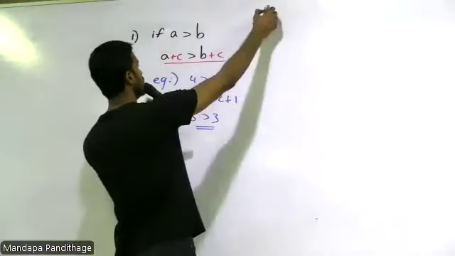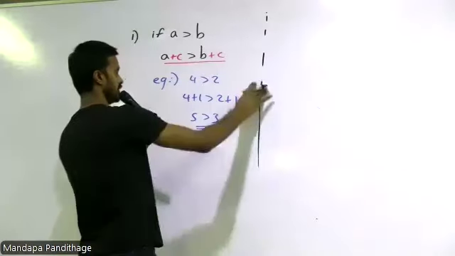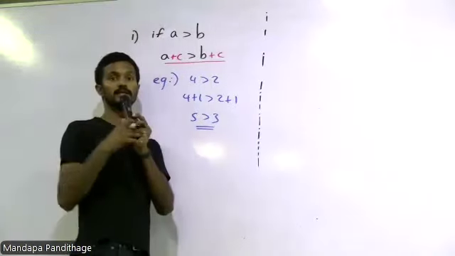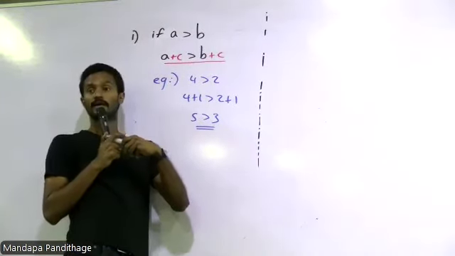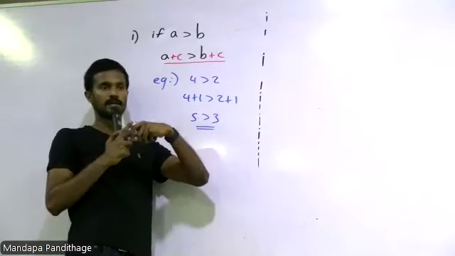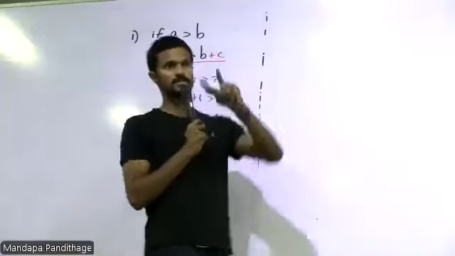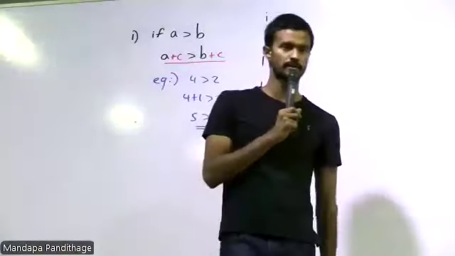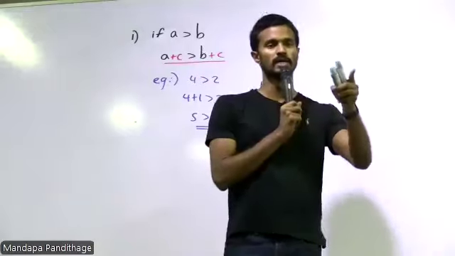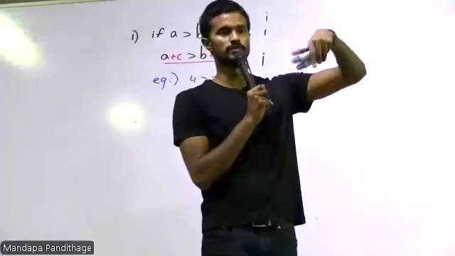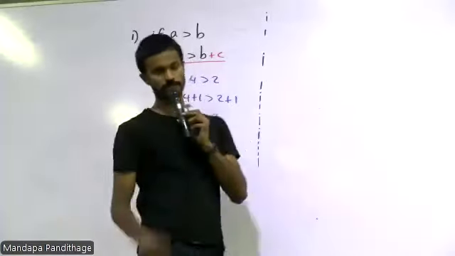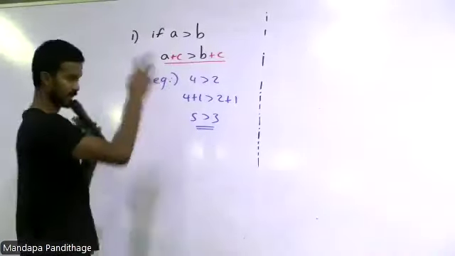Next one. Can you subtract the same number from both sides of an inequality? Can or can't? If you can do anything for addition, you can even do that for a subtraction, because subtraction and addition are the same mathematical operation. When you have to subtract two numbers, 3 minus 2, you can write it as 3 plus minus 2. So a subtraction can be considered as the addition of a negative number.